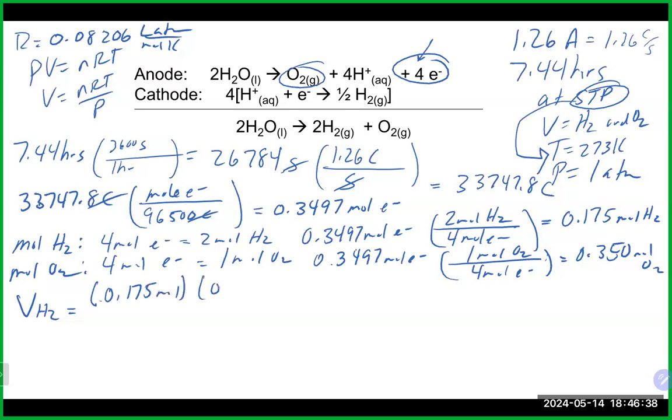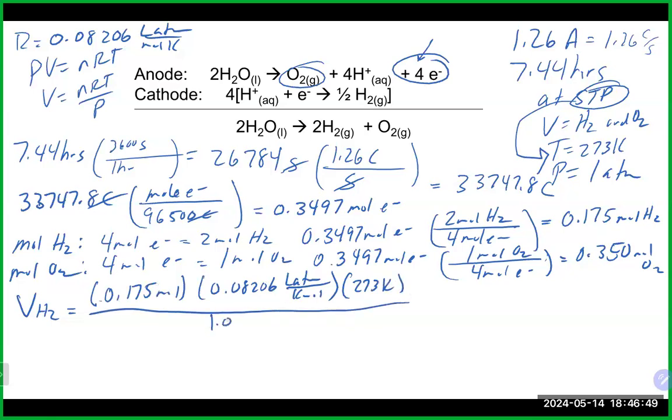Our R is 0.08206. Our T here is 273. And our P is 1 atmosphere. Everything should cancel here except for liters, which is good. And that's going to get us 0.175 times 0.08206 times 273, 3.92 liters of hydrogen gas.